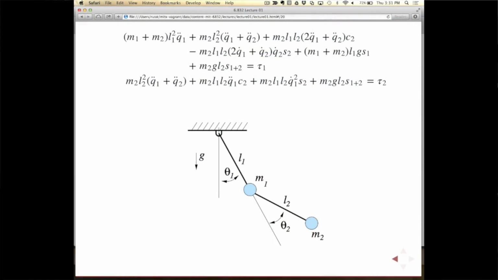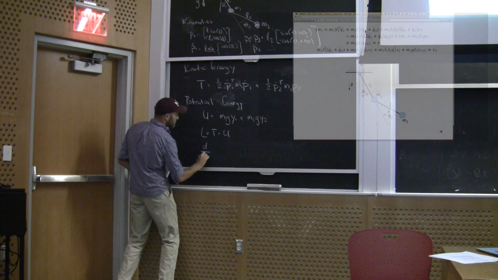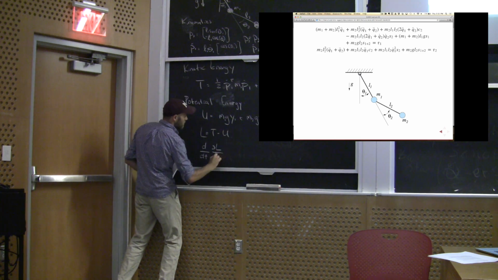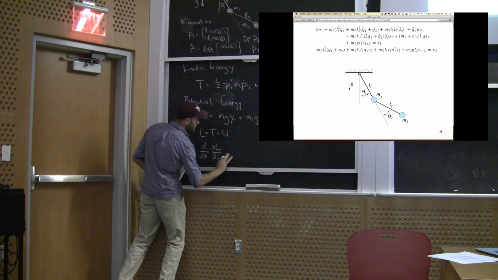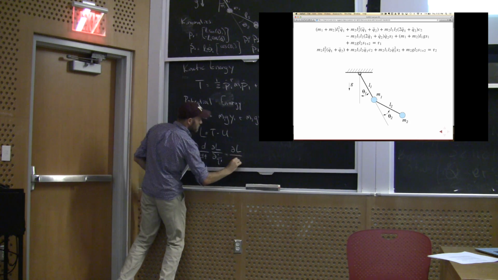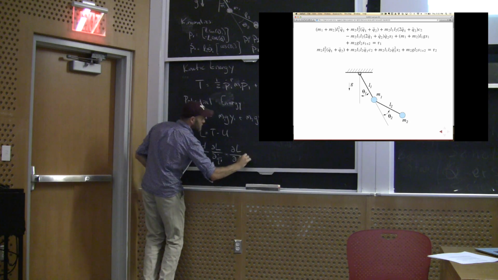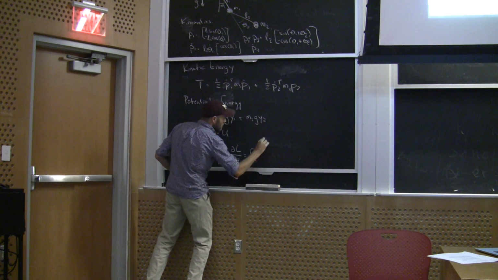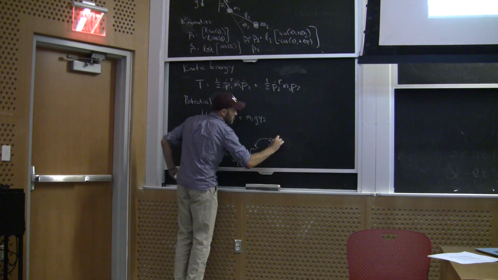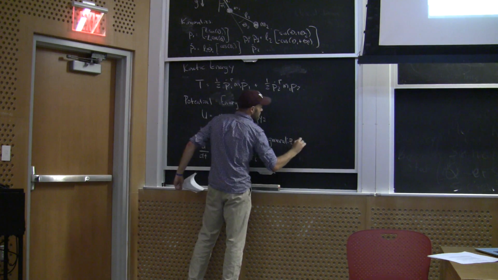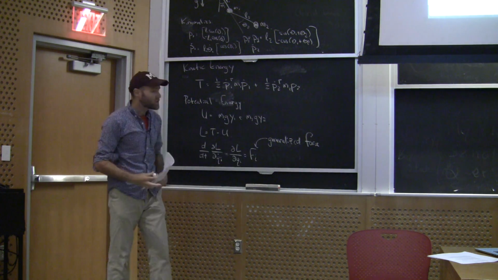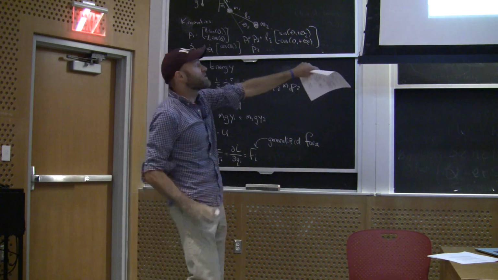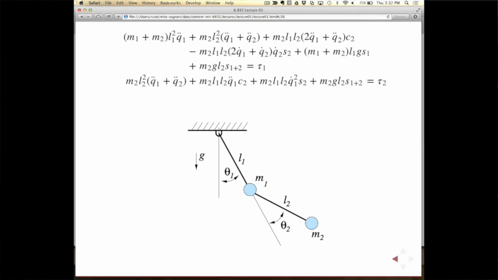If I write those equations down and take the derivatives, I get one equation for each coordinate, of the form like this. There are standard ways to write those equations. And for the simple double pendulum I wrote here, those are the equations you get.